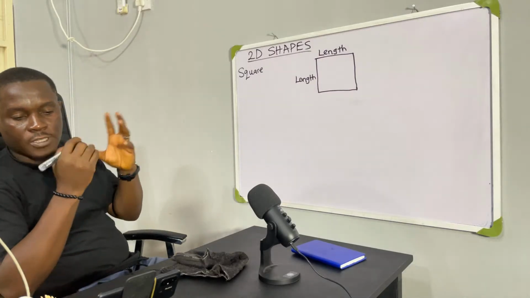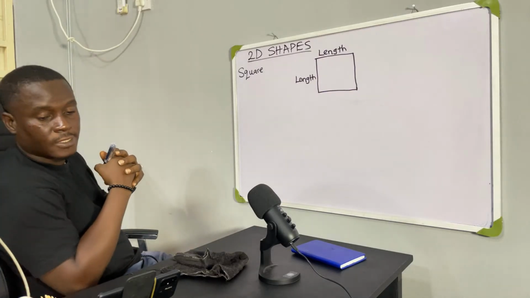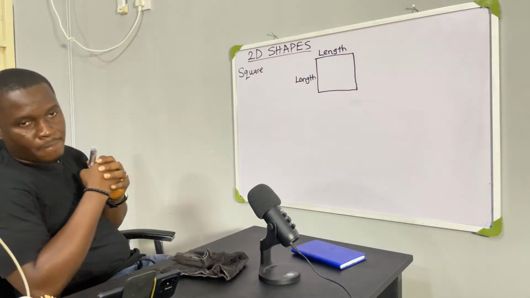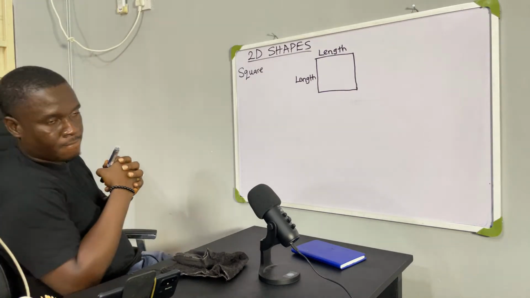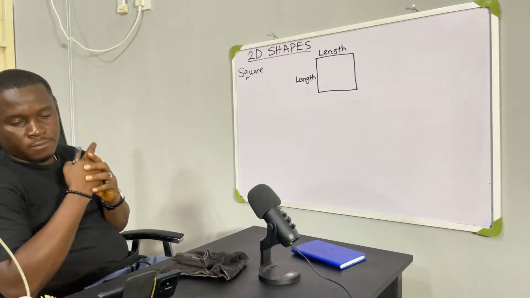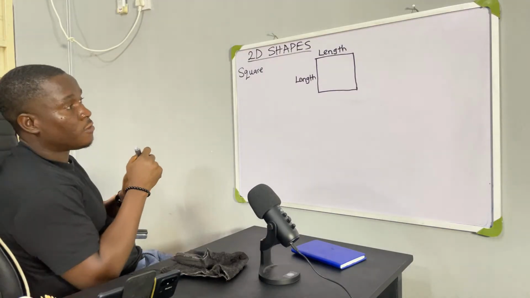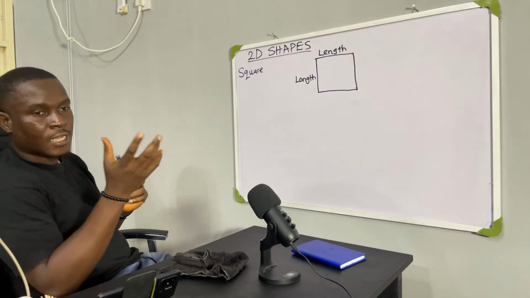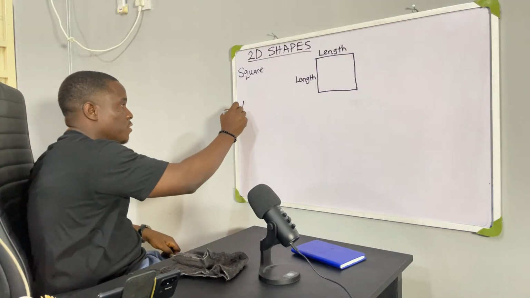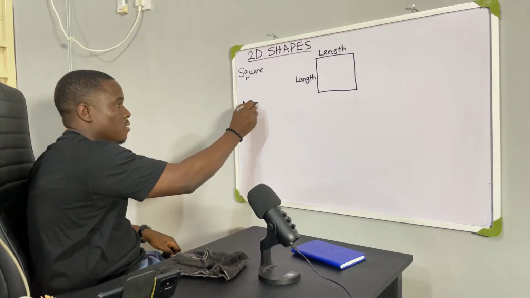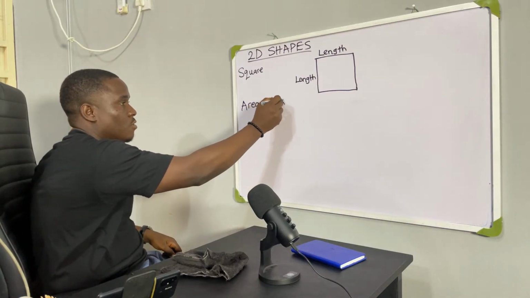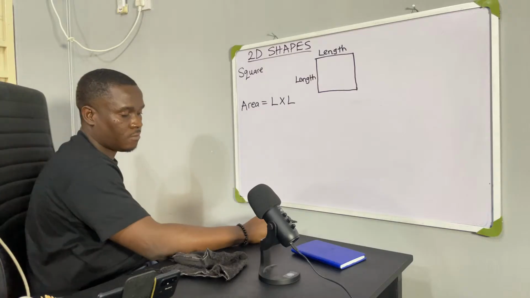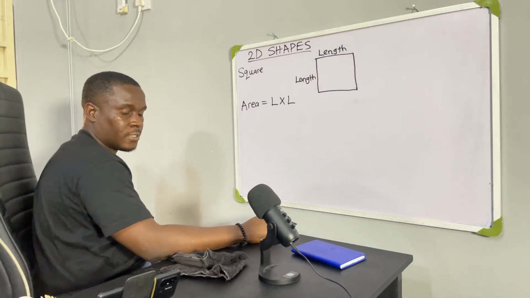That means all the sides of a square are called length. Since the shapes are similar, the formulas are also similar. So the area of a square is equal to length multiplied by length.